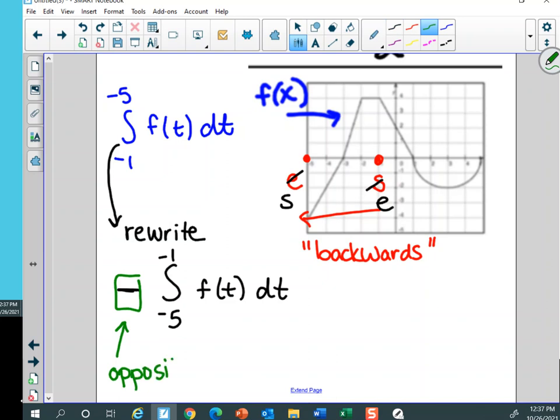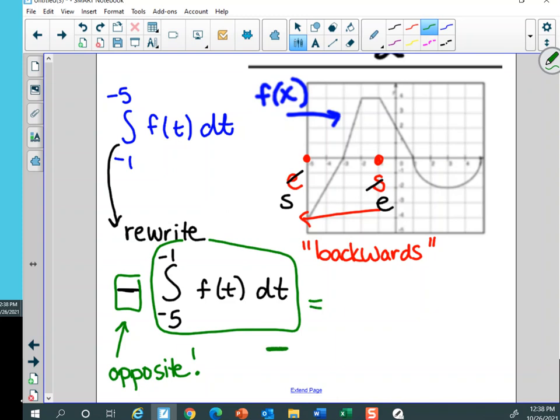But my final answer, I'm going to take the opposite, because it really was a question where it wanted me to go from -1 to -5. It really wanted me to go in reverse, in the backward direction. So I can calculate it like normal, but then I'll make the opposite happen.